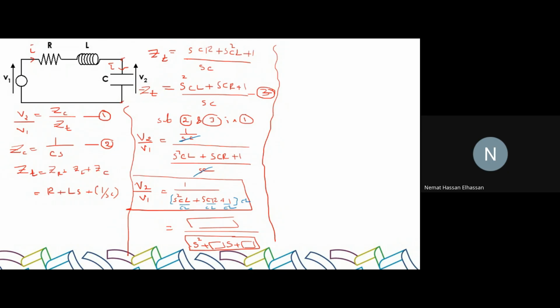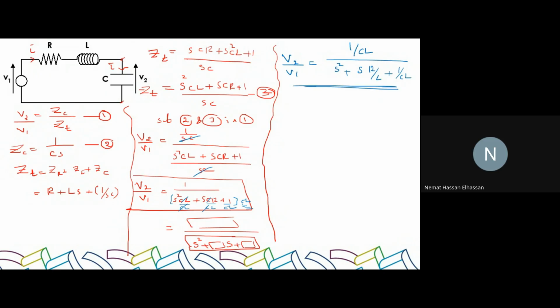But what this does is that your transfer function becomes V2 over V1 equal to 1 over CL, divided by s squared plus, the C and C cancel each other out, so it becomes sR over L plus 1 over CL.